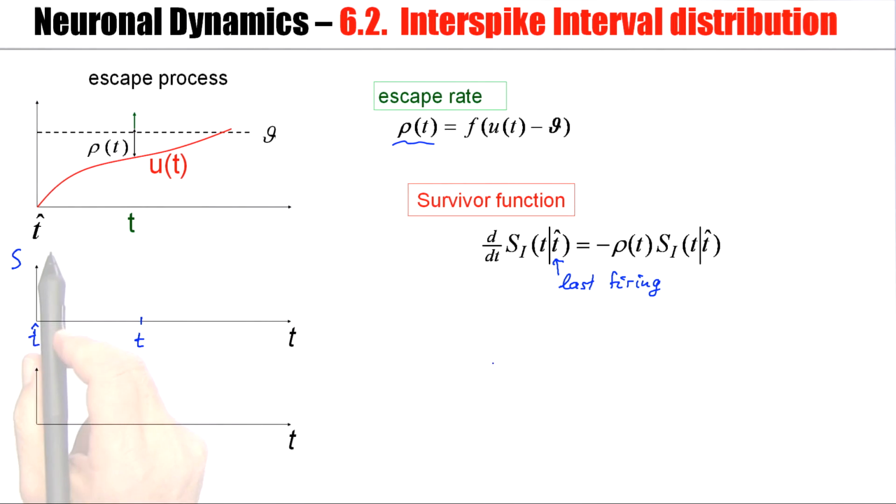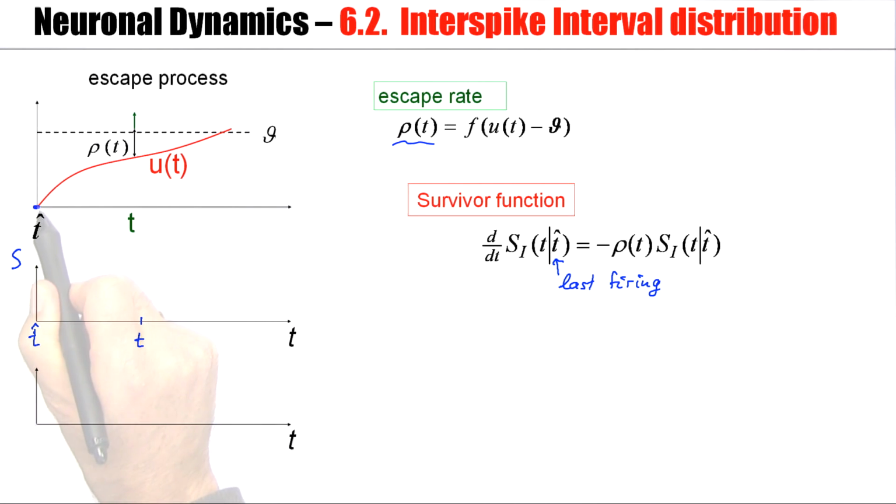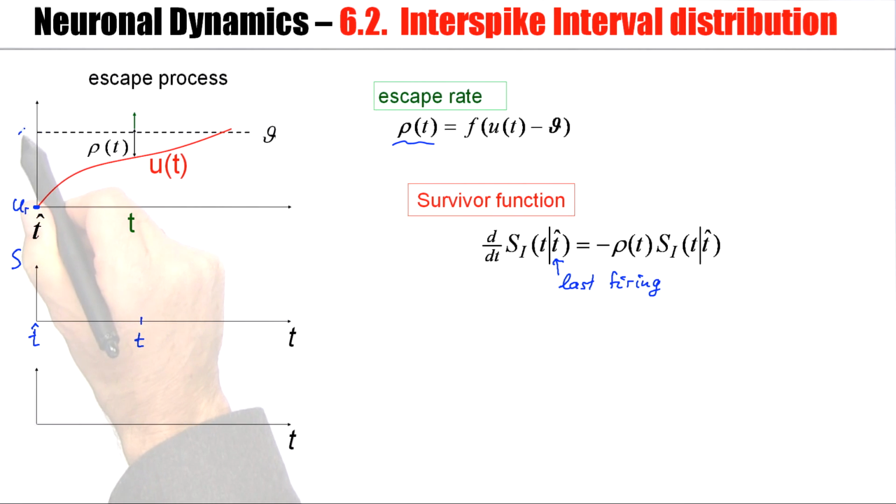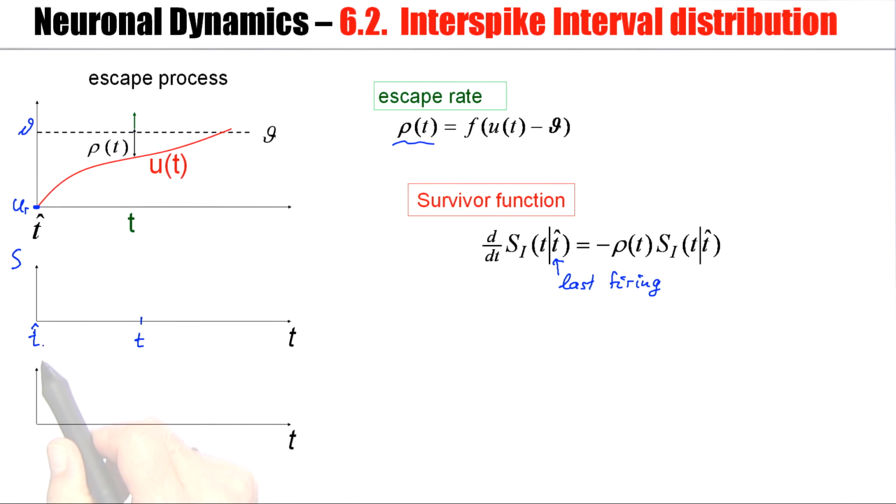So immediately after the spike at t hat, we start at UR. UR is a long way below the threshold. Therefore, that probability that it survives for a short moment is 1. So this survival function S of t given t hat will always start at 1. We know that at the beginning it survives.